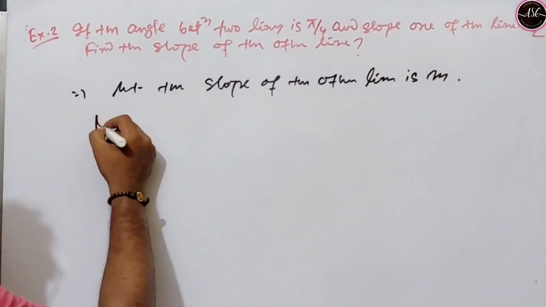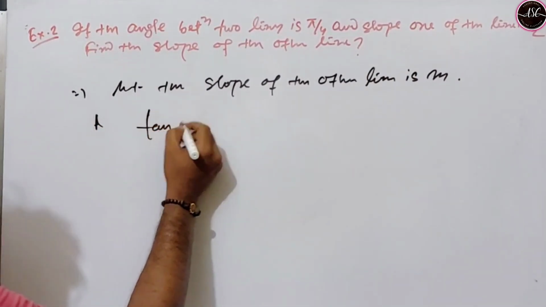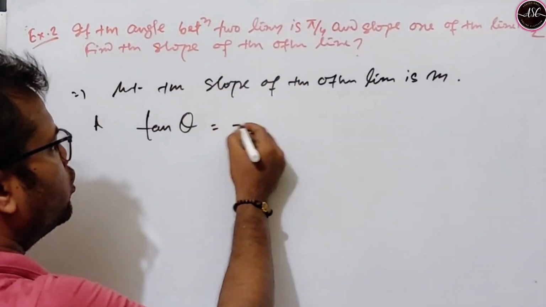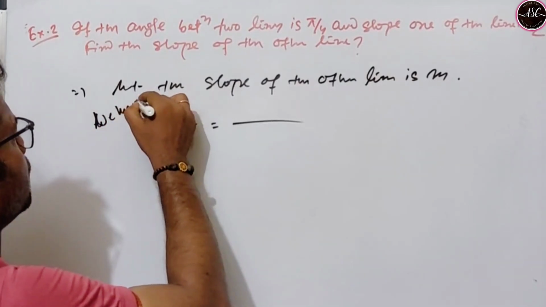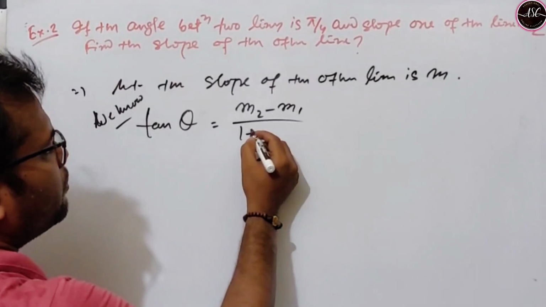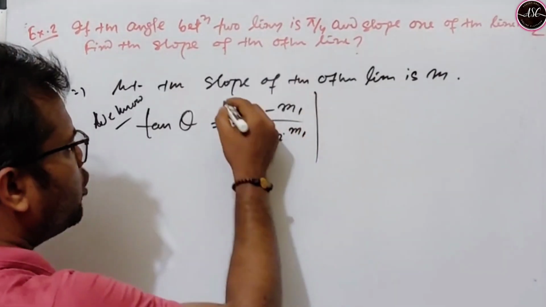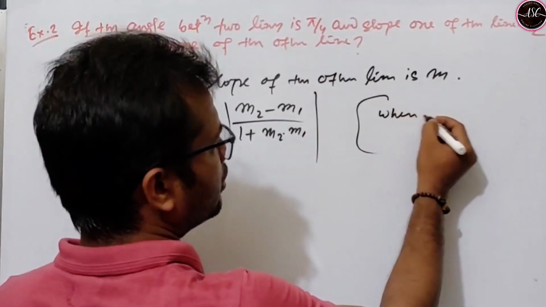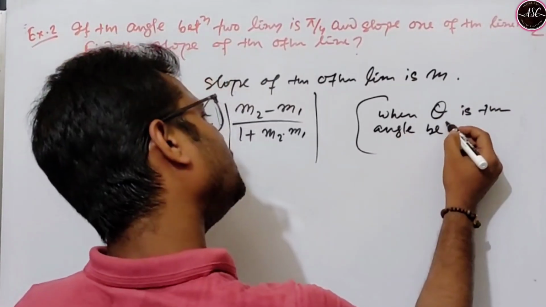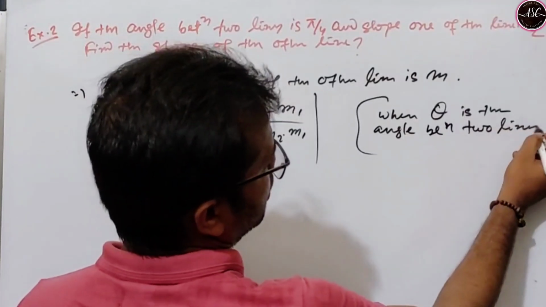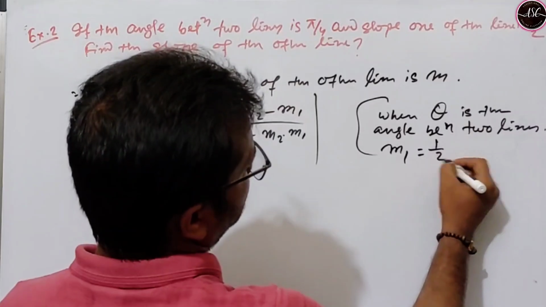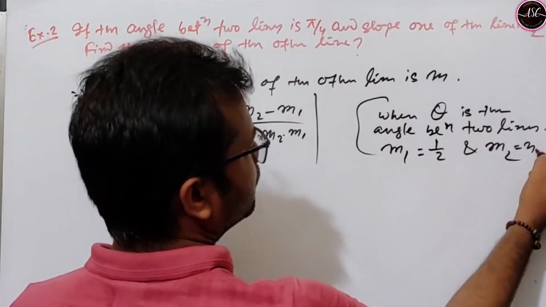By the formula, we have tan theta, where theta is the angle between the two lines, equal to mod of (m2 minus m1) divided by (1 plus m2 into m1). Here m1 equals half and m2 equals m.